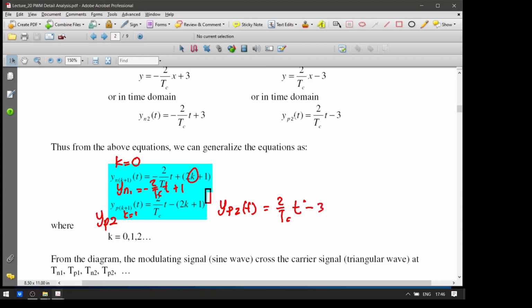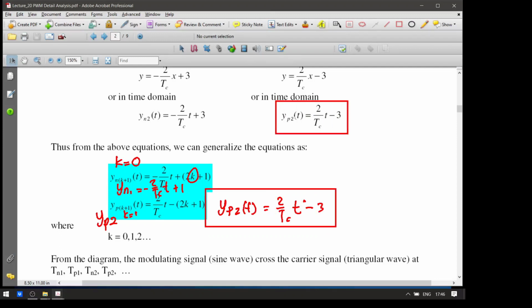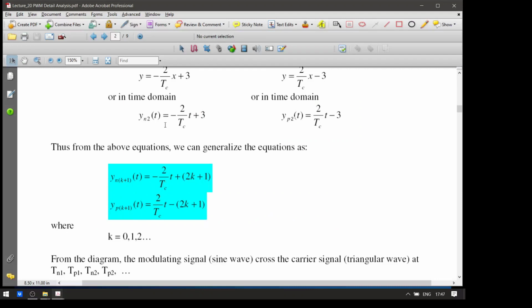So you have the second positive slope equation. Now we have two general equations to describe all the lines for the triangular carrier signals for unipolar PWM.